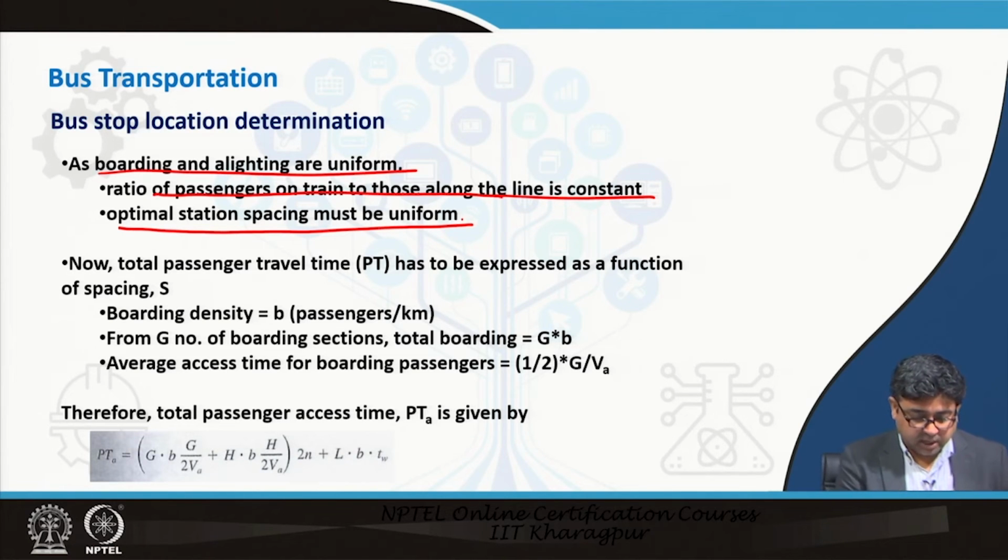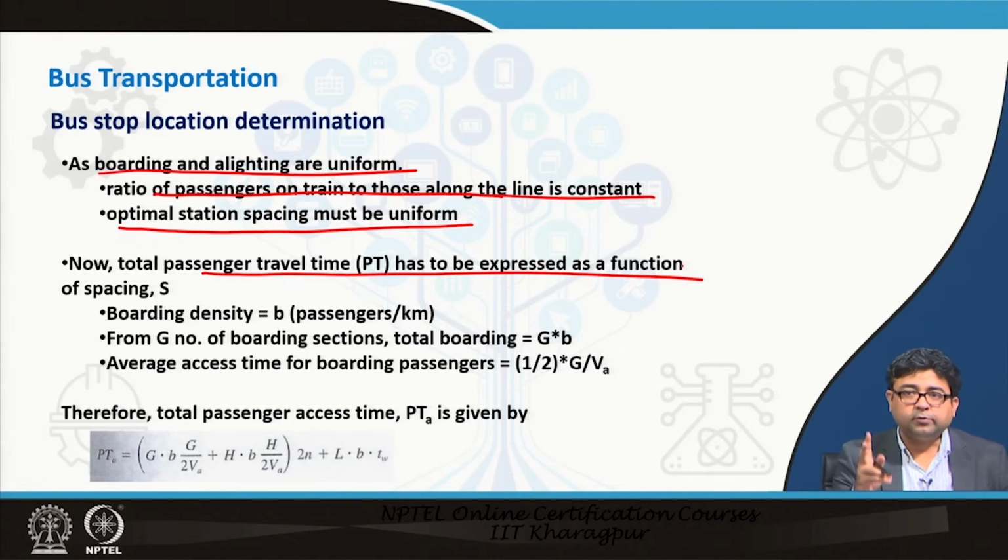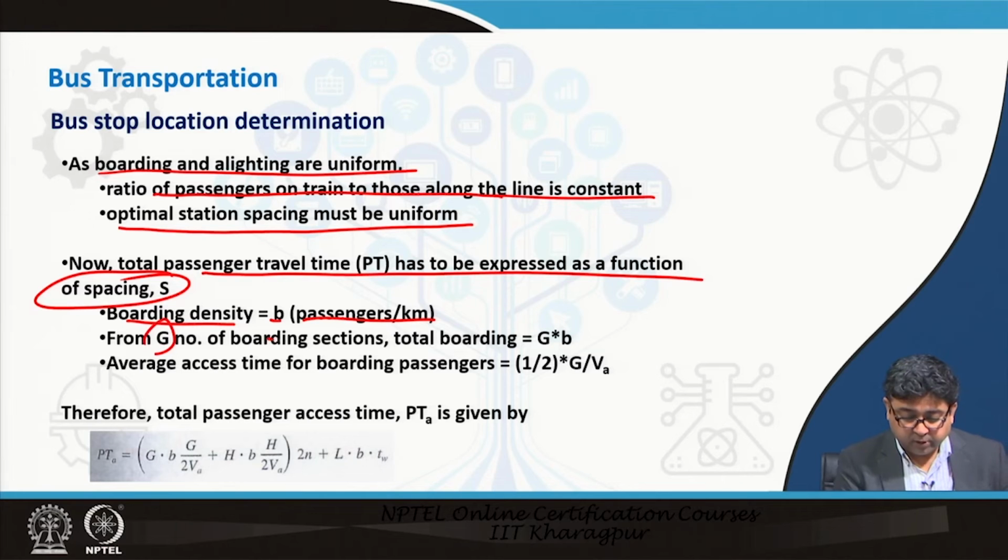Okay. Now, the total passenger travel time, as you know, consists of two parts, access time and the travel time on the line. So, that has to be now developed in terms of spacing. Let us go ahead and look how that is done. If the boarding density is B, already we looked at passengers per kilometer, and there are G number of boarding sections, we looked at G K and H K, right.